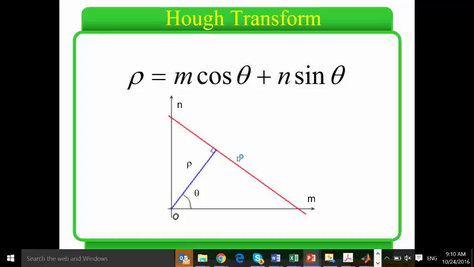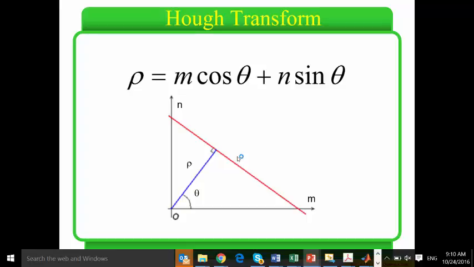Instead of taking this easy point, I will take another arbitrary point on this line and call it m and n as well. Here this is the distance m, and this is the distance n. And I want to see whether this relationship holds again for this arbitrary point or not.